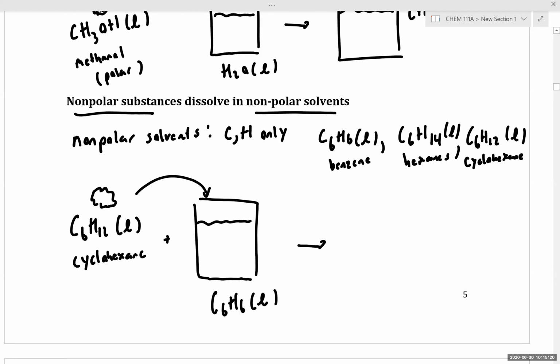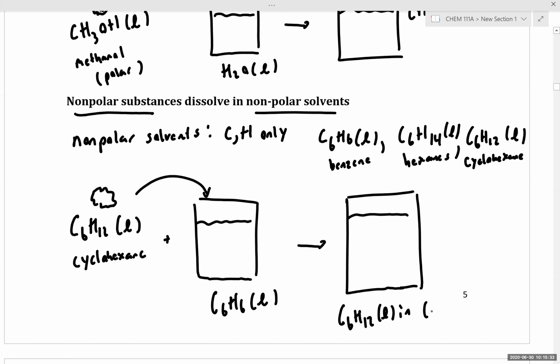Like dissolves like. Nonpolar dissolves nonpolar. Now, we don't use the aqueous symbol if it's dissolved in something other than water. We just say C6H12 liquid in C6H6 liquid. Polar dissolves polar, nonpolar dissolves nonpolar.